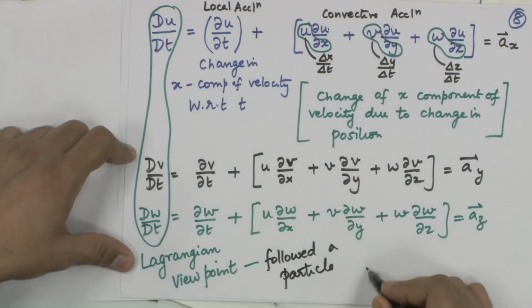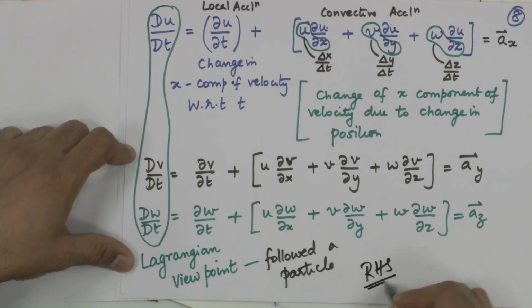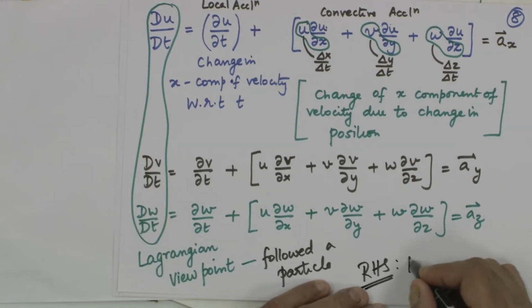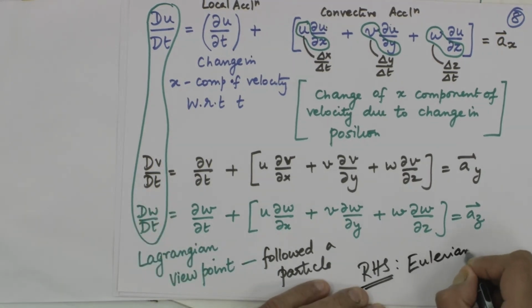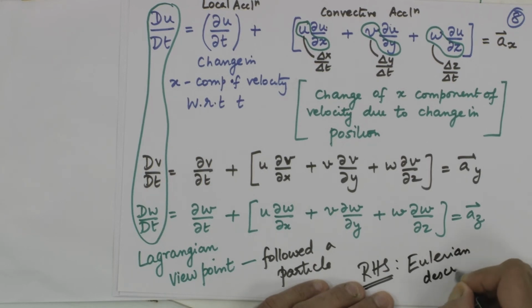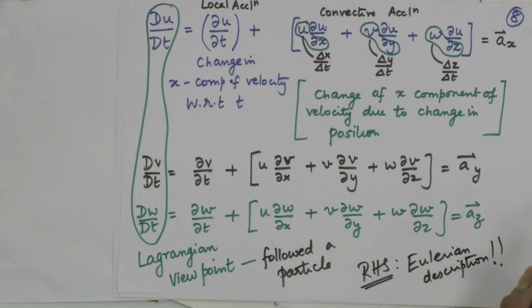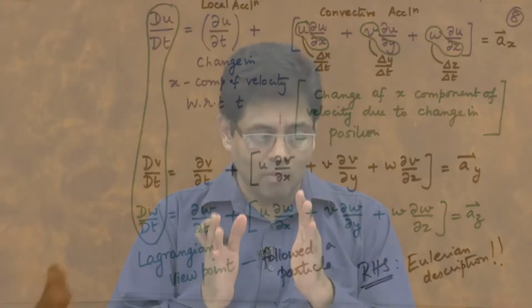This right-hand side is the Eulerian viewpoint. The material derivative represents a methodology to transfer from the Lagrangian viewpoint to the Eulerian viewpoint. I want to relate these two.